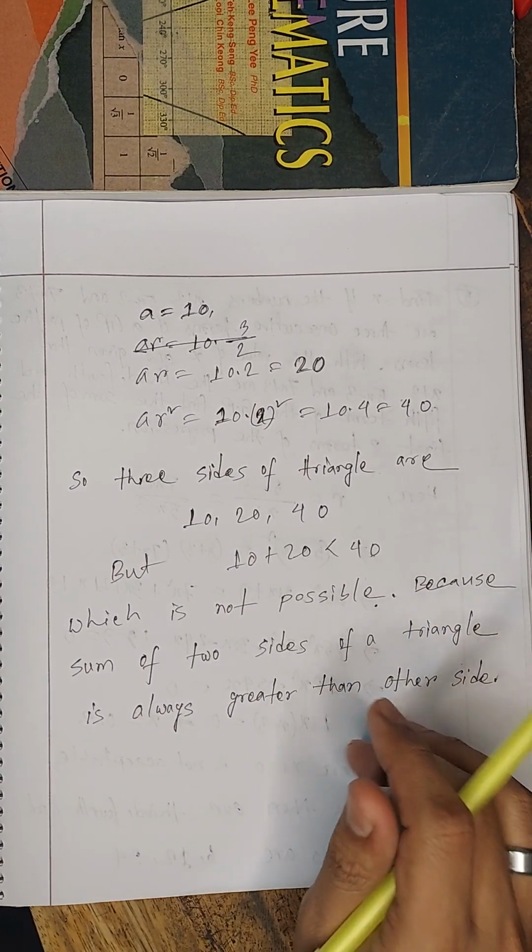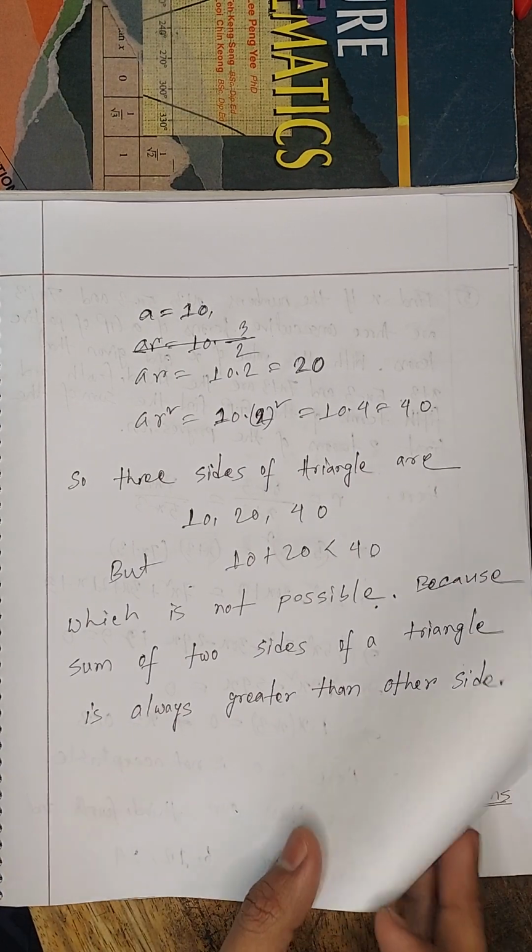So that's why R cannot be 2 but R can be 1 by 5.